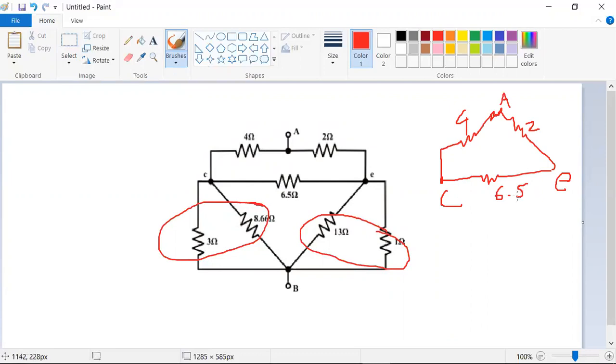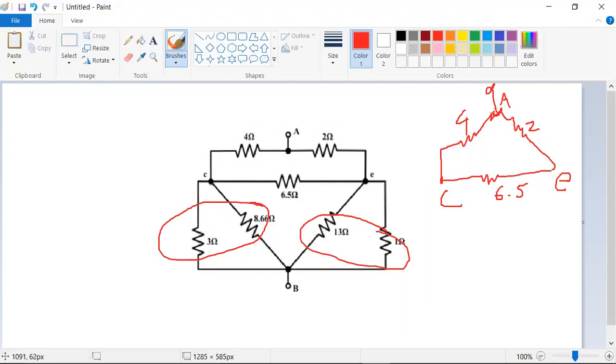Right, 6.5 ohms. By looks, we can decide this is a delta formation. In this circuit, this is A. You should not change this point, because from this point only you need to measure the equivalent circuit. This is C point, this is E point. By looking, you can conclude directly this is a delta connection.